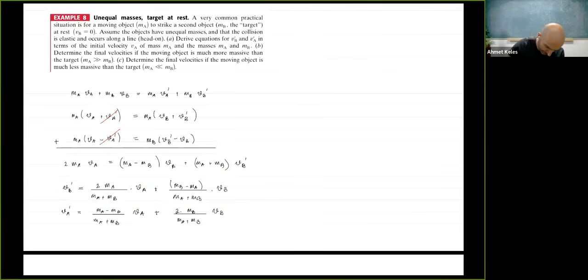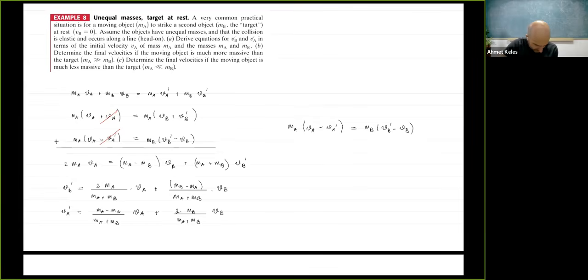So let me do this. What I did to obtain the first one was, let me start from the beginning. I said VA minus VA prime times MA should be equal to MB times VB prime minus VB, and I tried to cancel the VB terms.